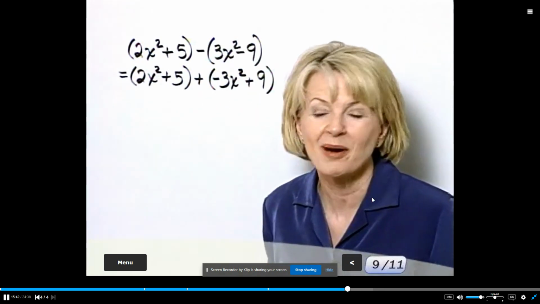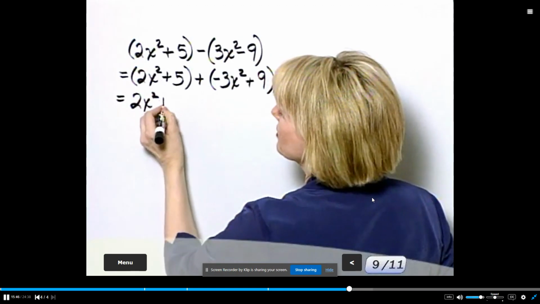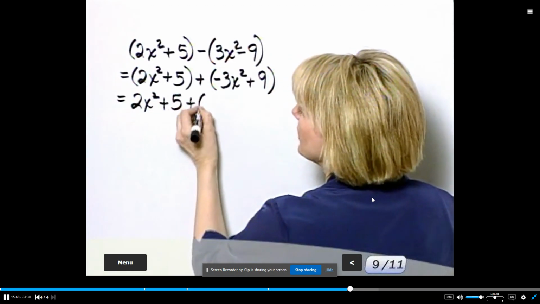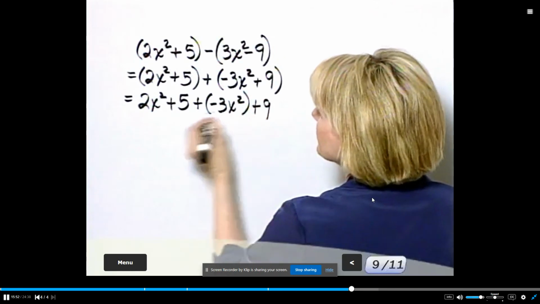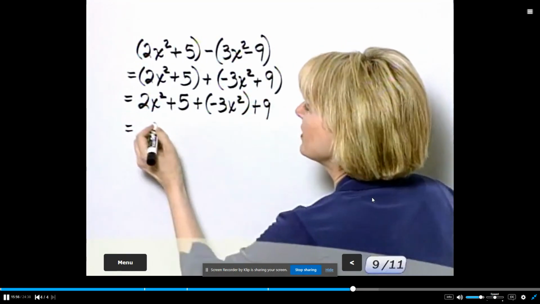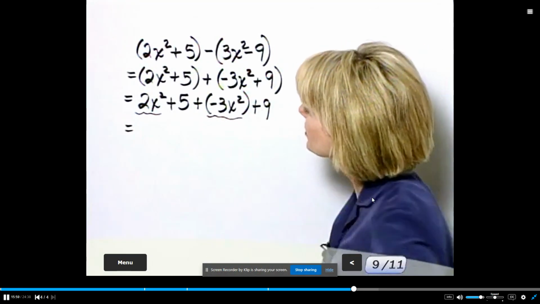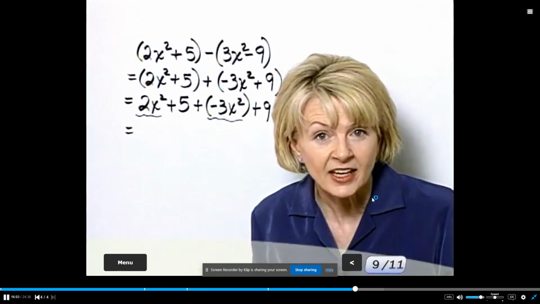And now I'm adding polynomials. So I'll write this as 2x squared plus 5 plus negative 3x squared plus 9. Do I have any like terms I can combine? These two terms are like terms. What is 2 minus 3? That's negative 1.